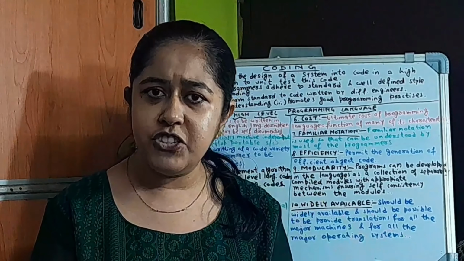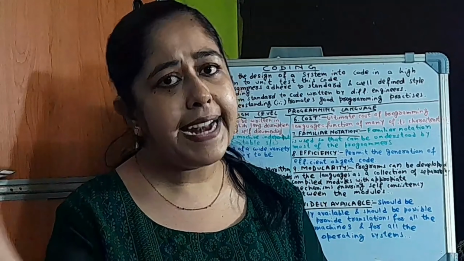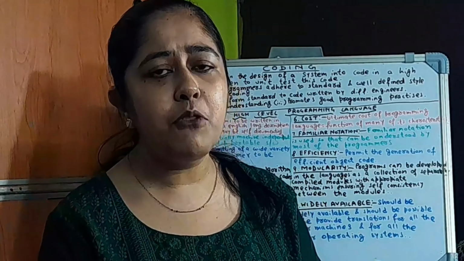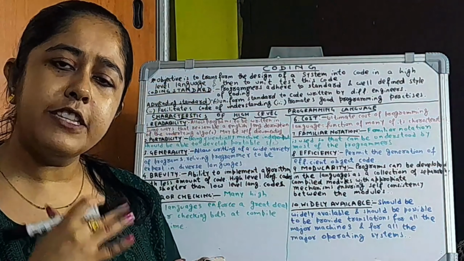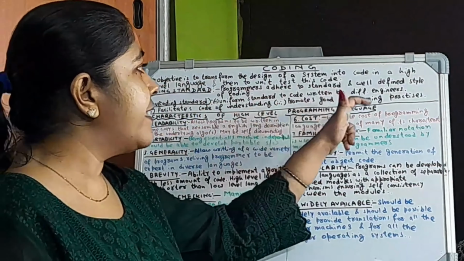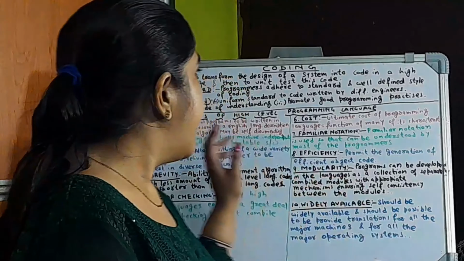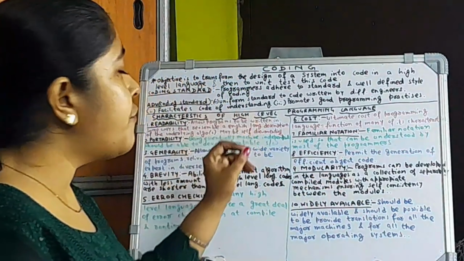Maybe the team can change in the future. If the team is changed, those engineers can also easily understand this code, so the work is not hampered; the work keeps going on. So obviously, a uniform standard for code written by different engineers, where every engineer maintains this standard of coding. Now, it facilitates code understanding.